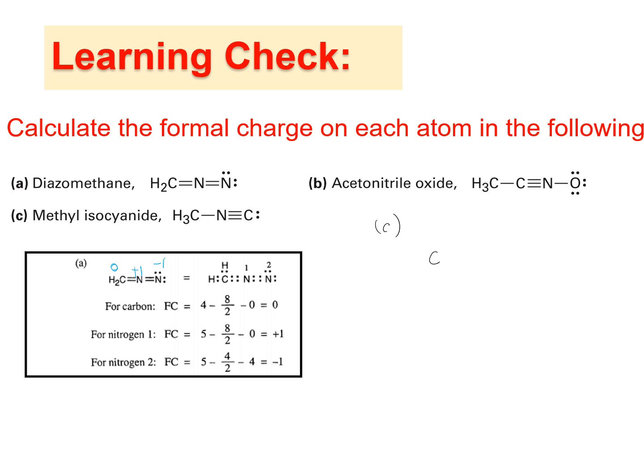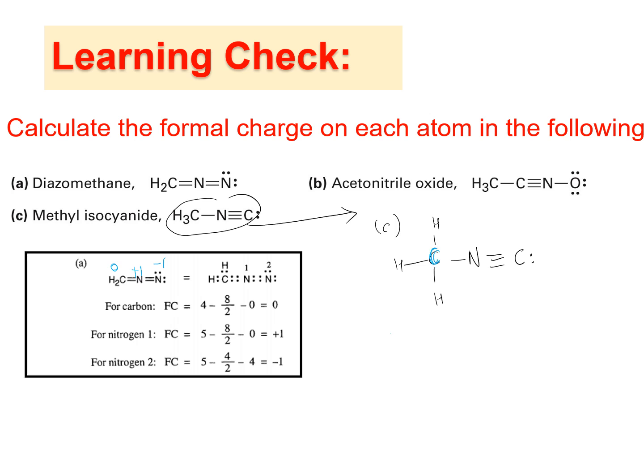This is the one we are working on. So we have carbon, hydrogen, hydrogen, and a hydrogen, then a nitrogen, triple bonded to another carbon, with a lone pair. So let's do the carbon, which we can represent in blue color.